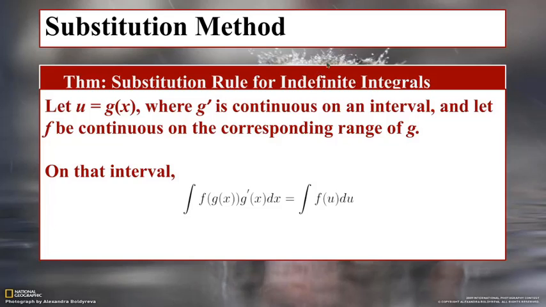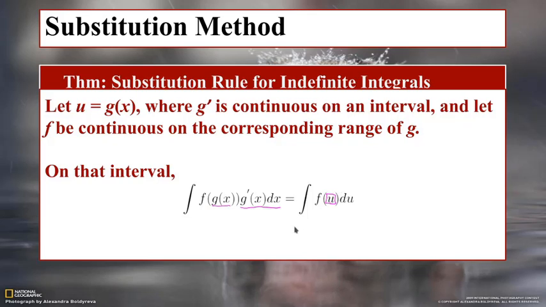So let me start out with what the substitution method is. If you remember, this is essentially the chain rule in reverse. The idea is that if we have some function plugged into another function, and when we take that derivative we still have the derivative of that inner function, we're going to substitute it with what we call a u function.